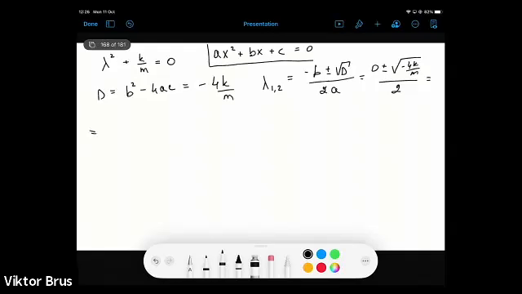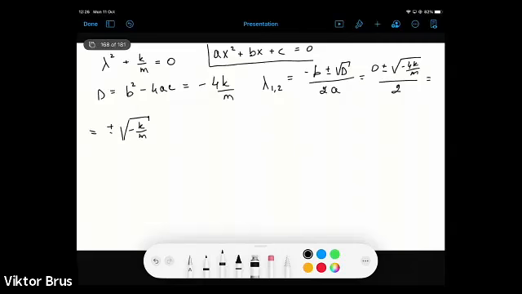So we get the following. We can take out this 4 from the square root. It will be 2. Then we cancel this 2 with 2 in the denominator, and we end up with plus minus square root of minus k divided by m.